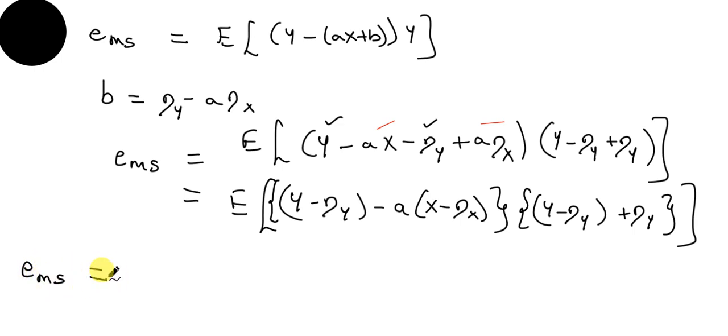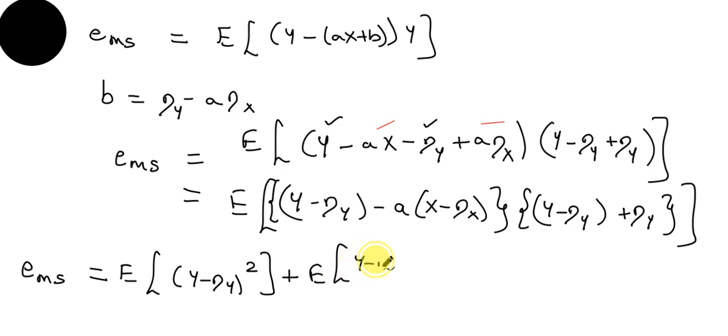I have my EMS to be expectation of y minus eta y whole squared plus the second term, expectation of y minus eta y into eta y.